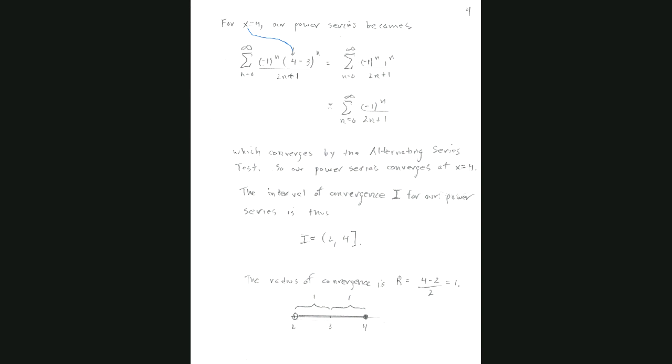Well, 4 minus 3 to the nth power is 1 to the nth power. That's always 1. And so at x equals 4, our power series becomes a series where n equals 0 to infinity of negative 1 to the nth over 2n plus 1.